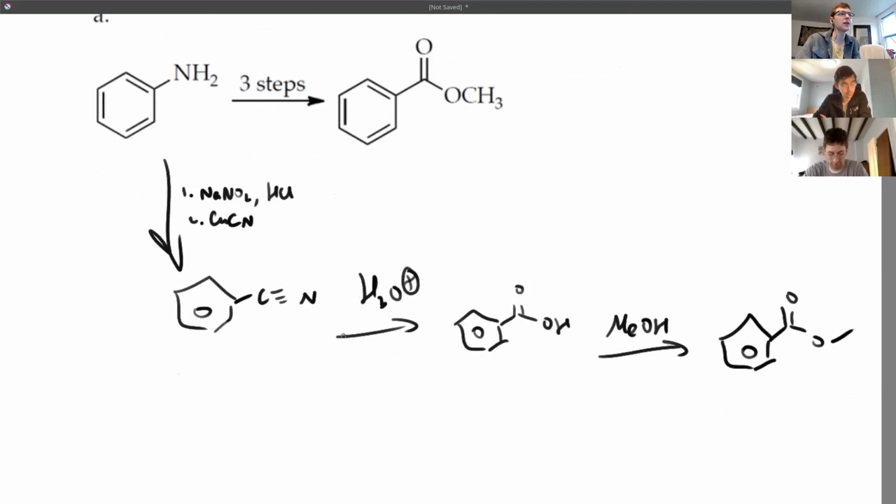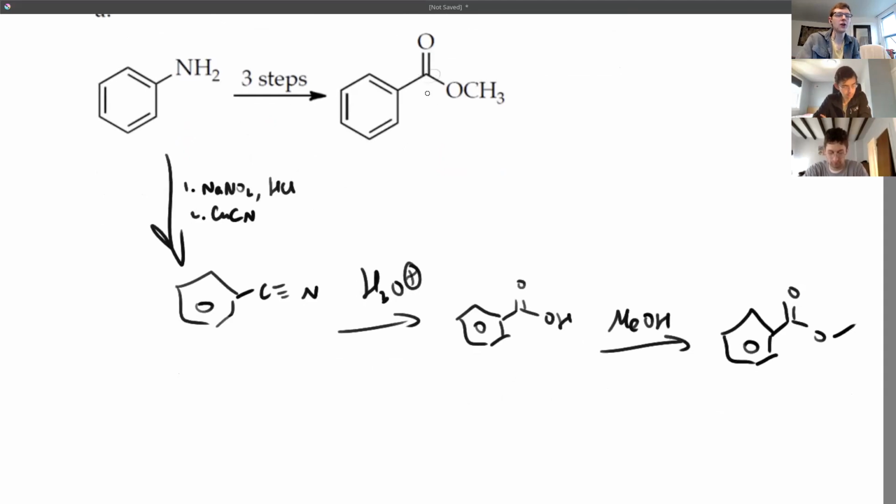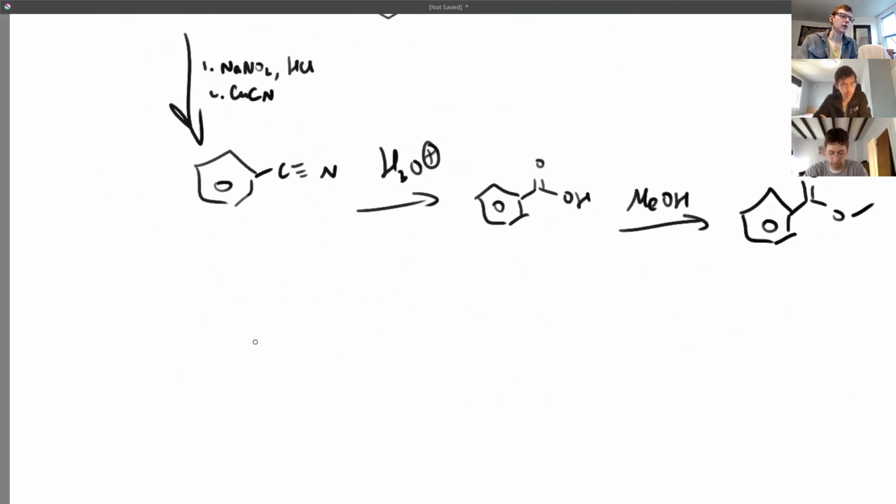So I was also thinking how to get this carboxylic acid on there. Well, if we had something with a carbon, and then we gave it a strong oxidizer, right? And then it'll just put the carboxylic acid right on there.